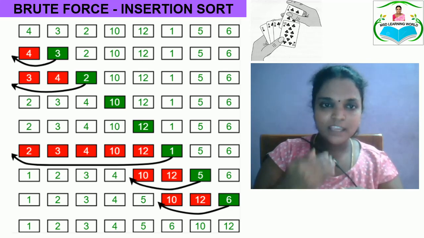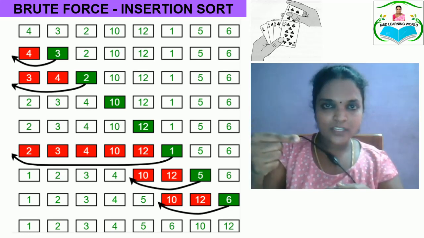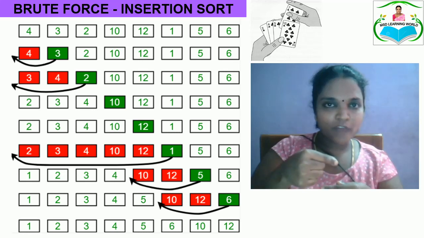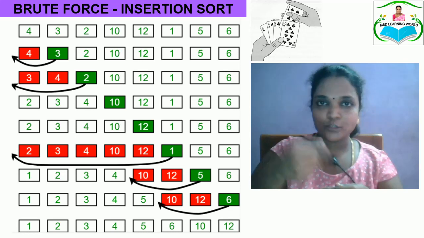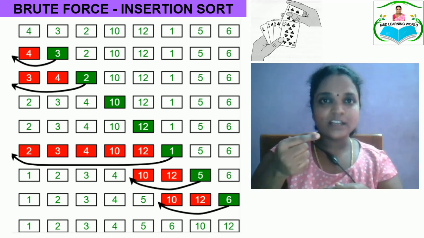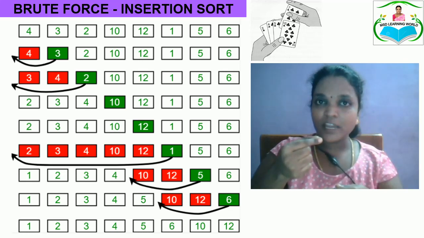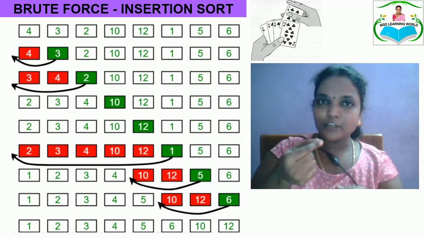Now comes the second iteration. The card 2 is taken out and checked with 4. 2 is smaller than 4, so the value 4 is shifted to the third position. I will not insert 2 there yet. The card 2 will stay in my hand until I see that no more elements are greater than 2.